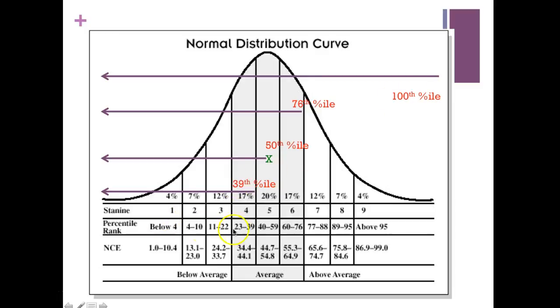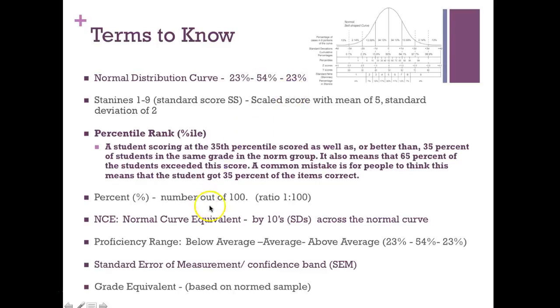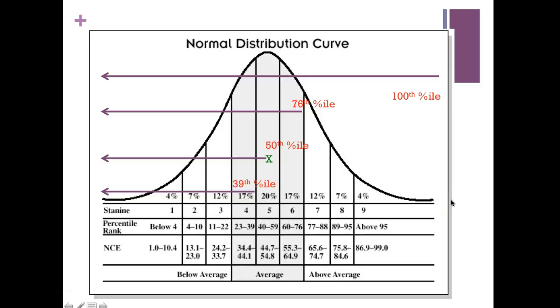So here you have it set up for you according to the distributions, the standard error of measurement, standard deviations in the normal distribution curve. Percent is the number you get out of 100, and that's just a score. That's just a number. That's a ratio. The normal curve equivalent goes by tens, standard deviations across the normal curve.